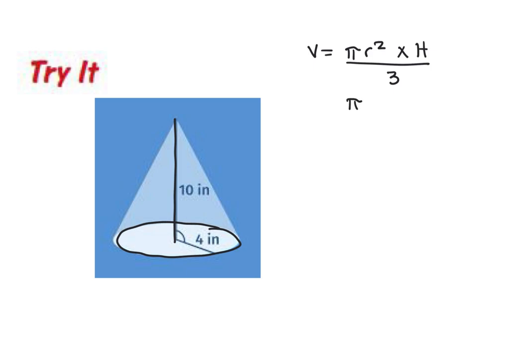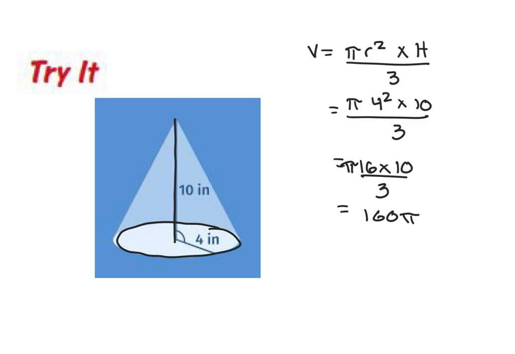So pi times a radius of 4 squared times a height of 10 divided by 3 is the equation to solve. 4 squared is 16 times 10 divided by 3. So we have 160 pi divided by 3.